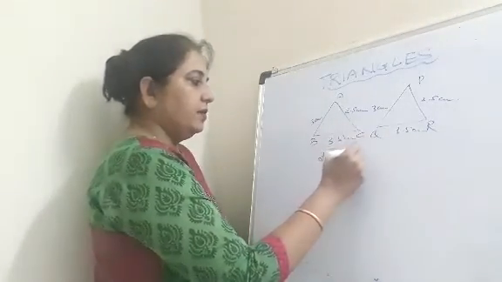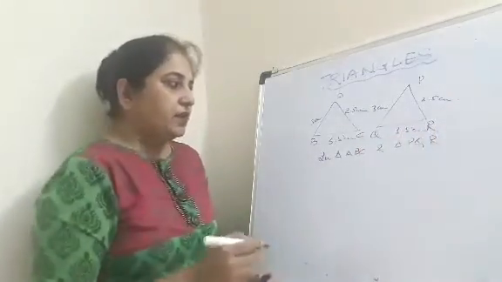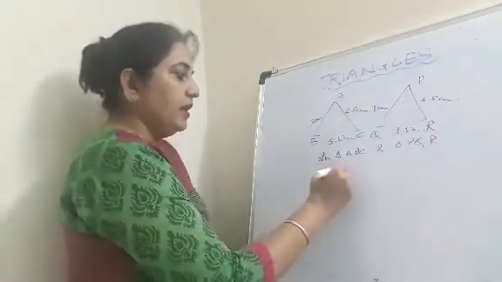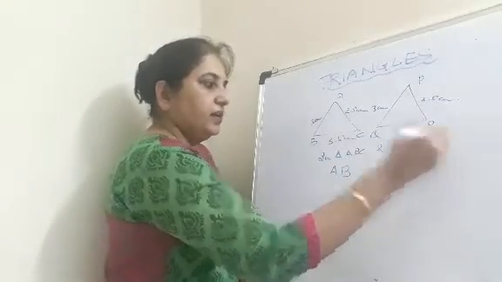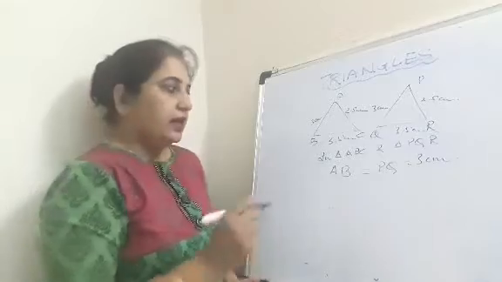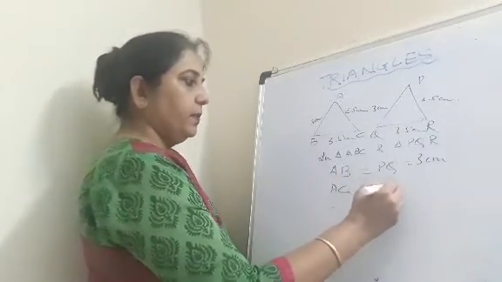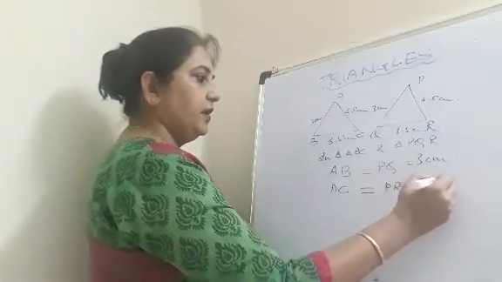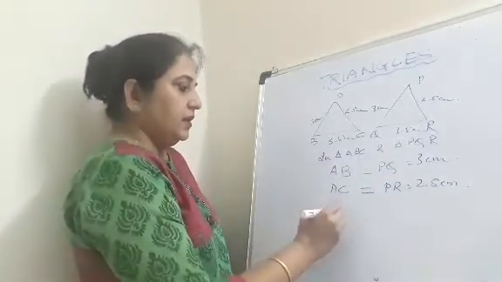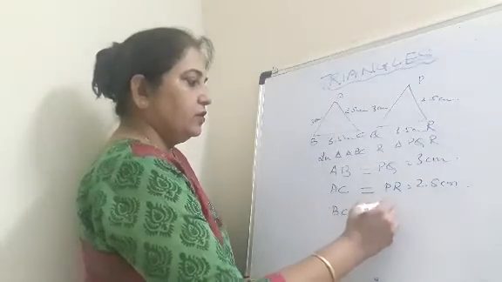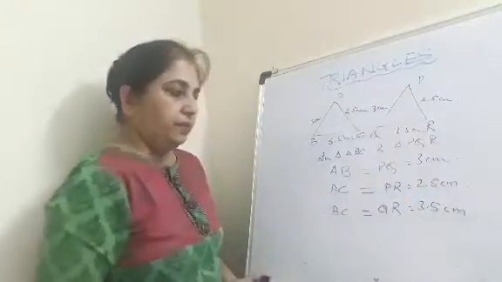So in triangle ABC and triangle PQR, we will write AB is equal to PQ is equal to 3 centimeter. Then AC is equal to PR is equal to 2.5 centimeter. And similarly, the third side, BC, is equal to QR, which is equal to 3.5 centimeter.